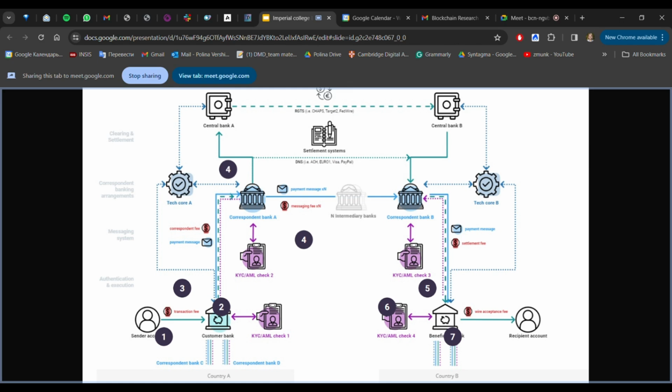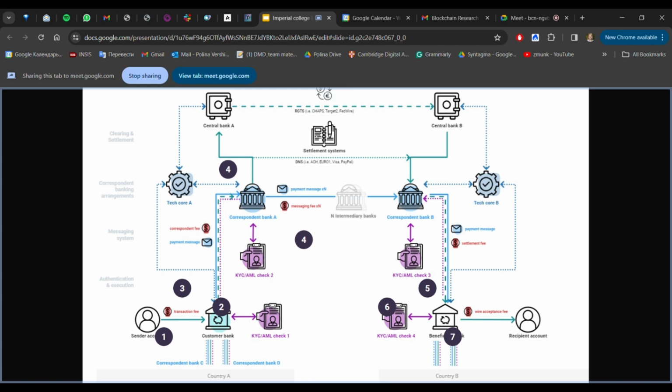Besides you and the receiver and banks, your recipient, usually we see correspondent banks in between, or sometimes several correspondent banks, and on top of that payment systems. And I like this diagram because you can see little icons.